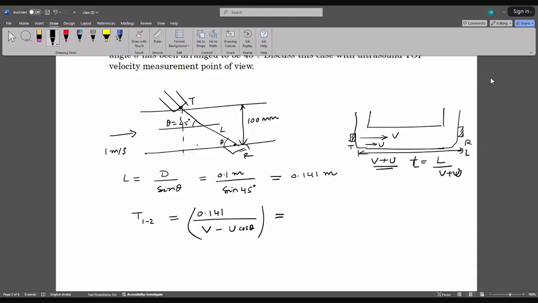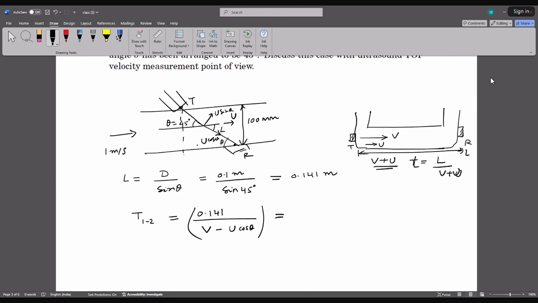Let's say this is u; along this direction, the components are u cos theta and u sin theta.